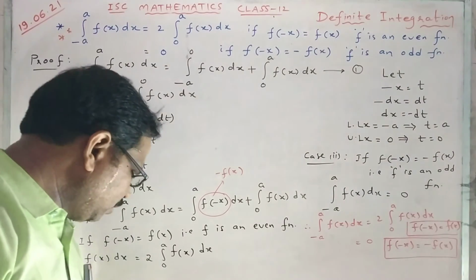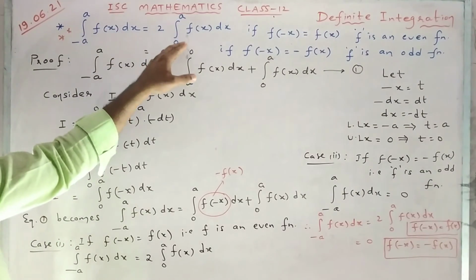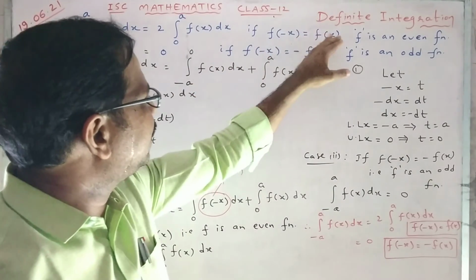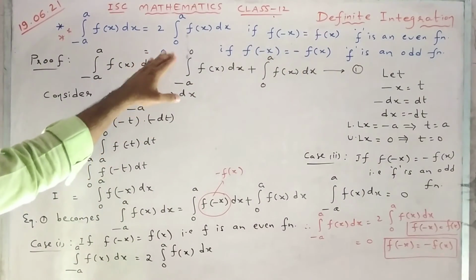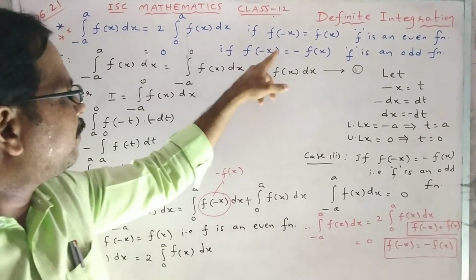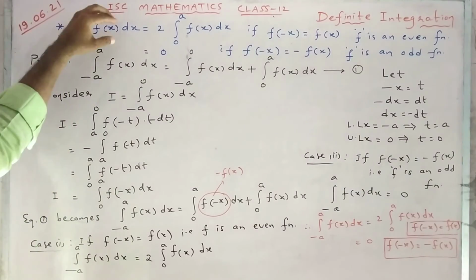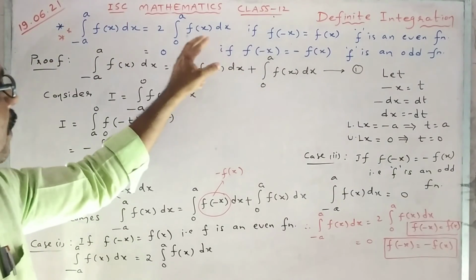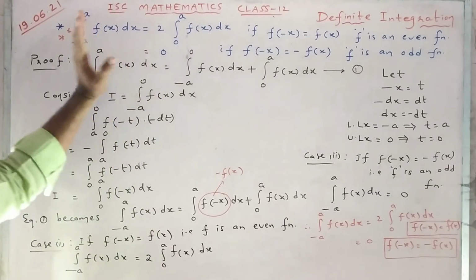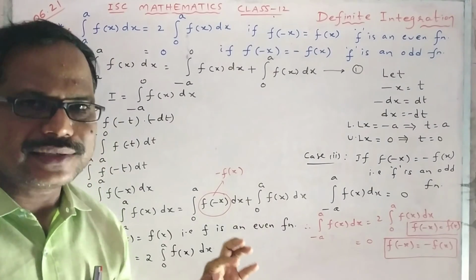If the given function is an even function, we will get 2 times integral from 0 to a. When we do the problems, you can understand. I'll continue. Hope it is clear. Thank you.